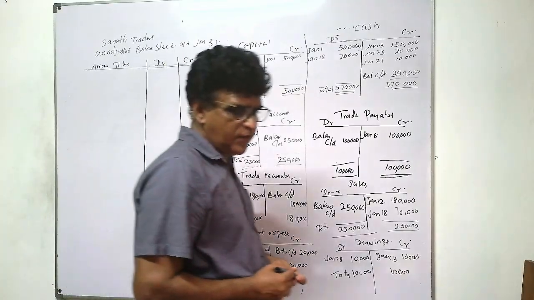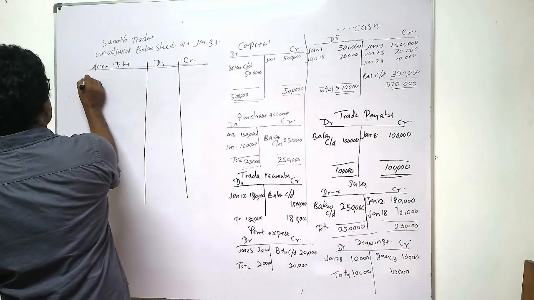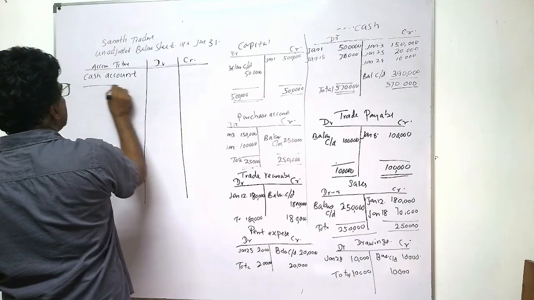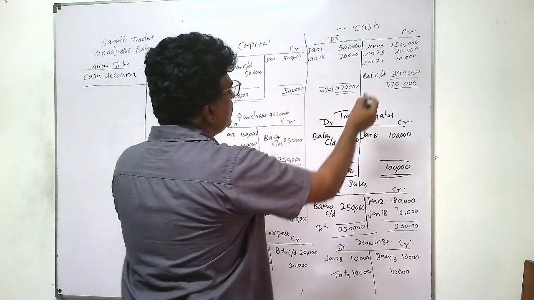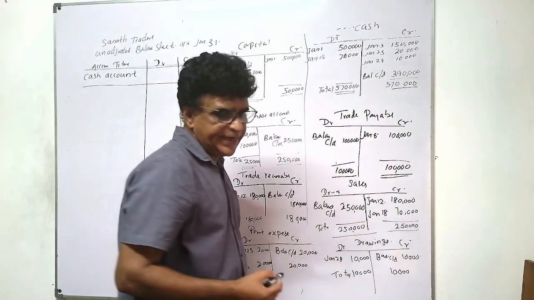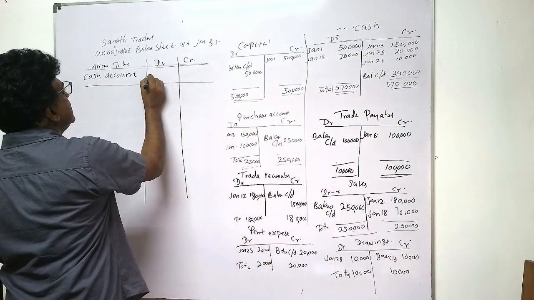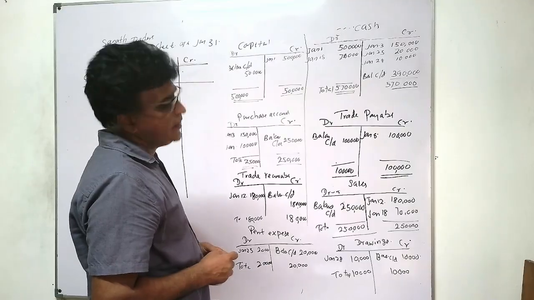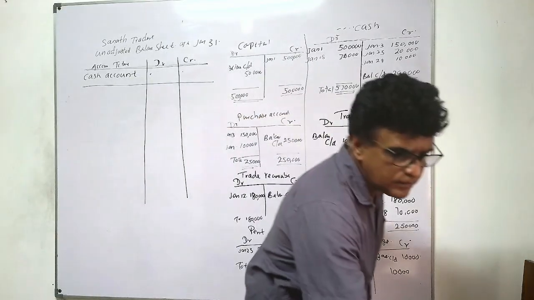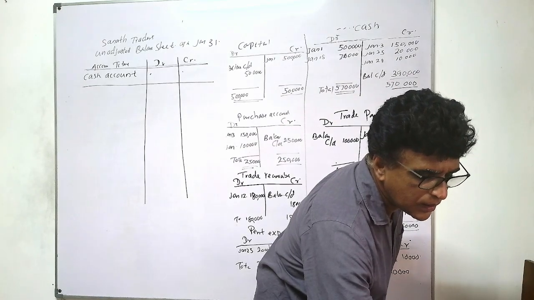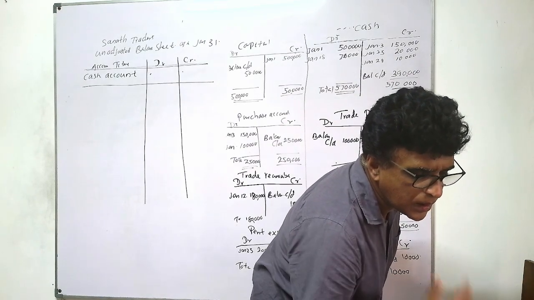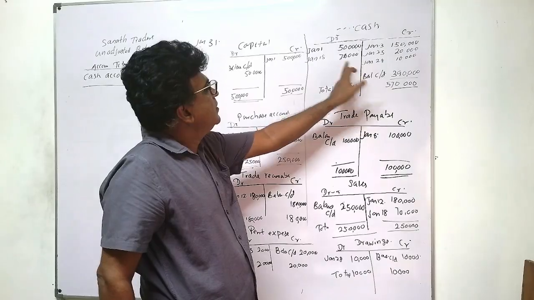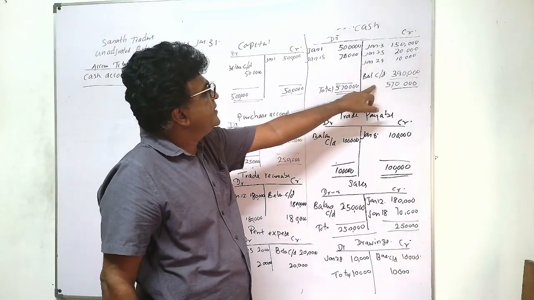We'll start from the cash account. In the cash account, we have a credit side and a debit side. The debit side is greater, so the balance is 390,000.